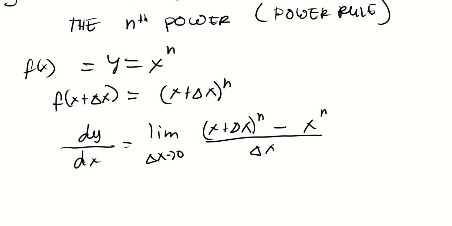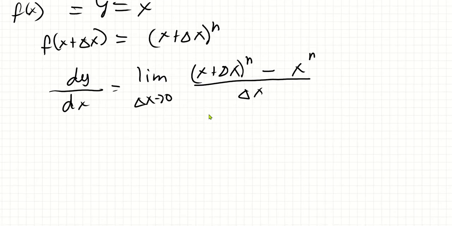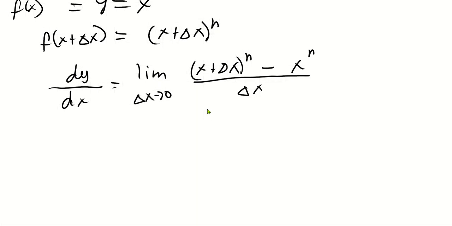Now, to evaluate this one, we need some properties or theorems in algebra. How do we expand x plus delta x raised to n? So in algebra, we have what we call the binomial theorem. Binomial expansion. We can expand a binomial to whatever power we want.